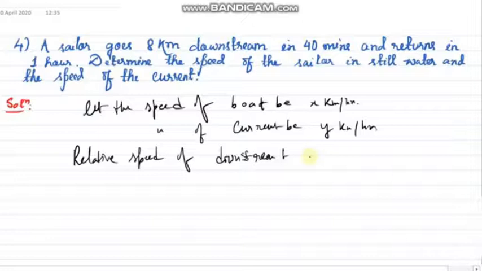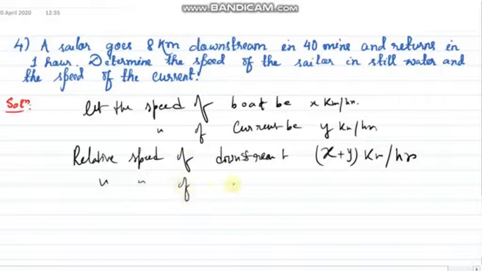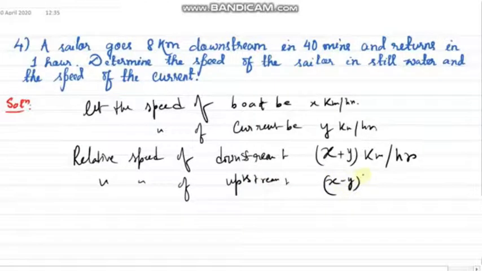So that time it will be x plus y kilometers per hour. But what will be the relative speed upstream? In upstream it will be x minus y, because the boat is going against the current. So the speed is going to reduce, kilometers per hour.